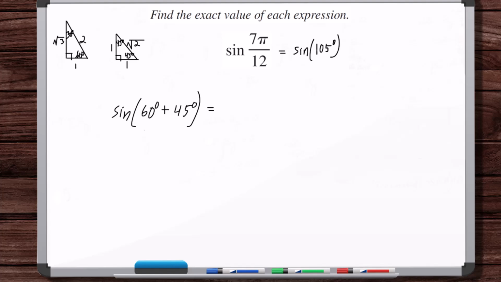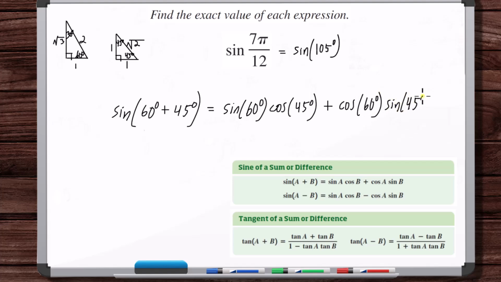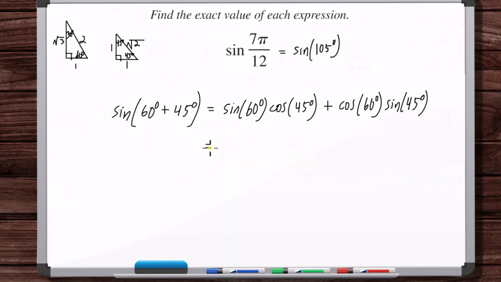Okay. So we've got sine of 60, cosine of 45, plus cosine of 60, sine of 45. Okay, sine of 60 is root 3 over 2.